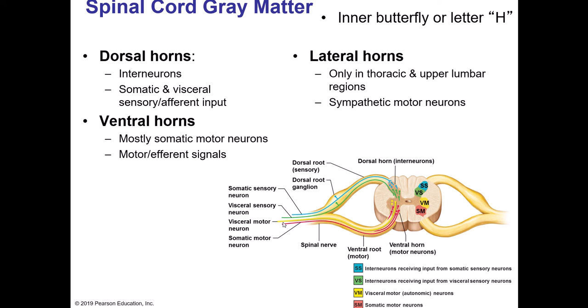And then in the thoracic and upper lumbar regions of the spinal cord, you will also see some lateral horns. You won't see them in the cervical areas. You won't see them in other places, but in some of the thoracic areas, you'll see these lateral horns, and they are motor neurons for the sympathetic nervous system. So some autonomic features.